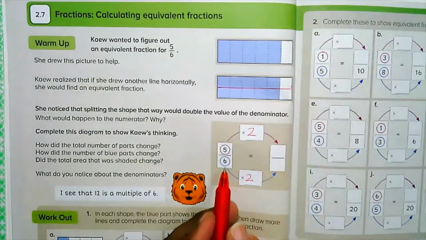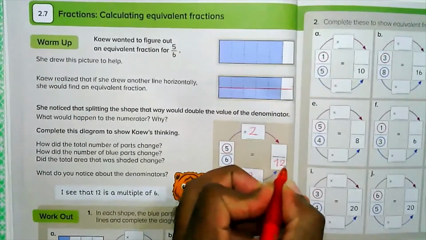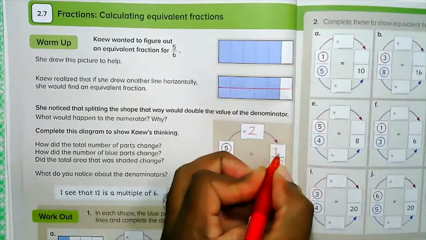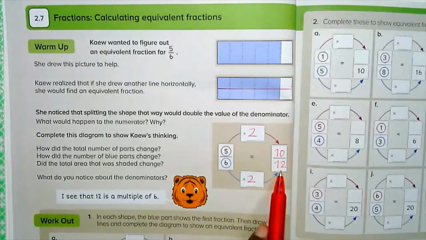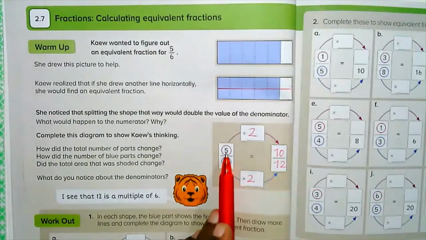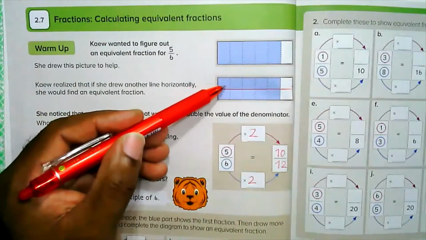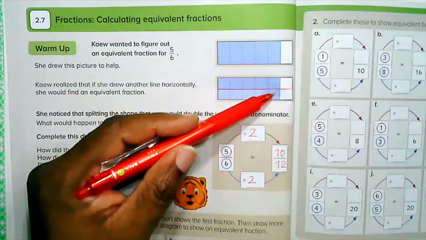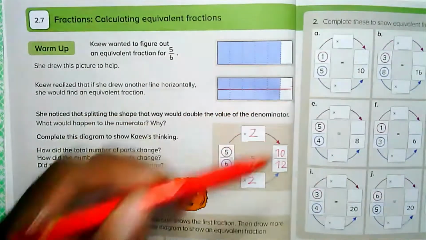So let's do it. 6 times 2 will be 12. 5 times 2 will be 10. There you have it. So the equivalent of 5/6 is 10/12. Because you can see we have 1, 2, 3, 4, 5, 6, 7, 8, 9, 10. 10 of 12. 10, 11, 12.